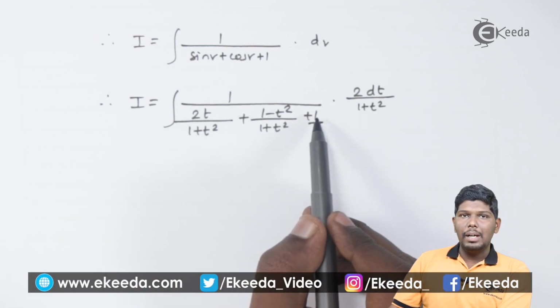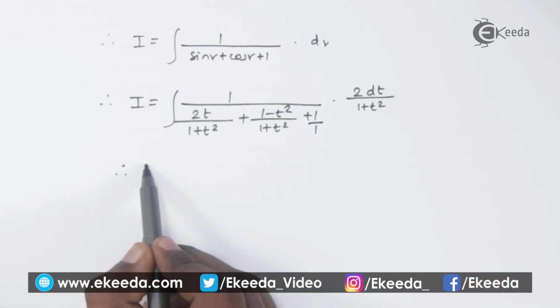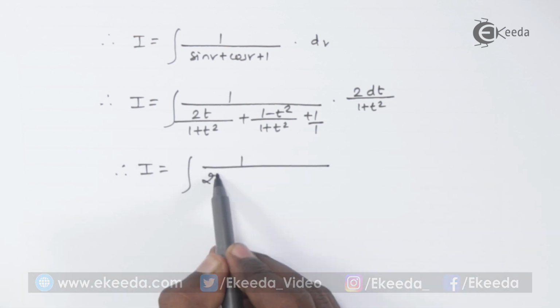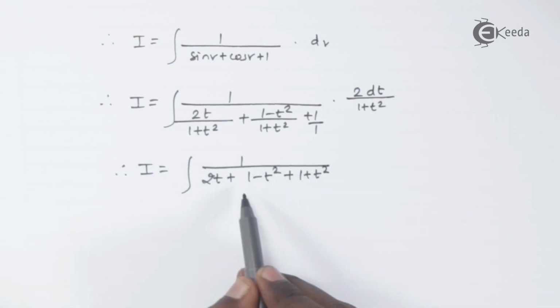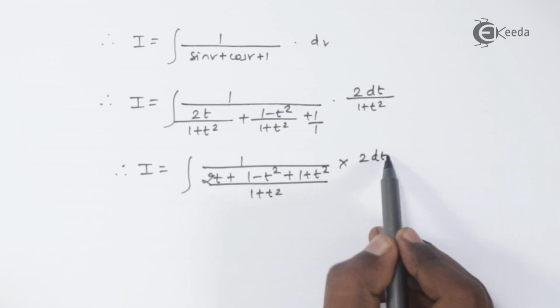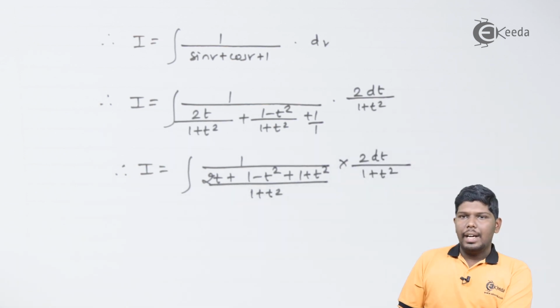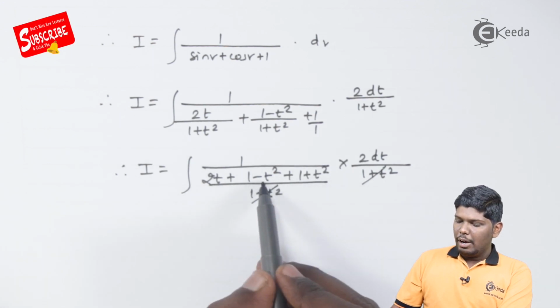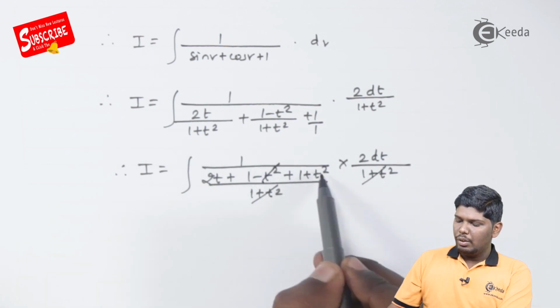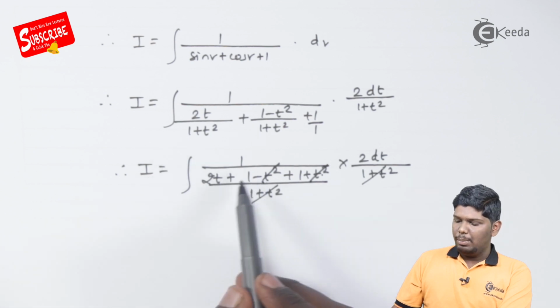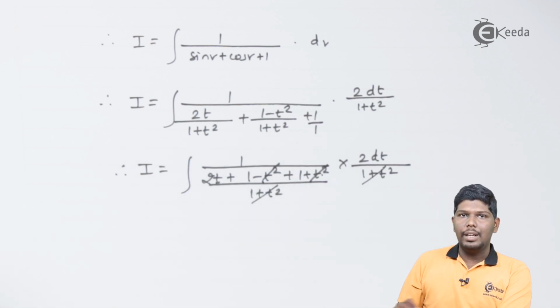For that, 1 will be multiplied with 1 plus t square. After that, you can see 1 plus t square will be cancelled, and in the denominator we have minus t square plus t square, which will be cancelled, and the remaining part will be 2t plus 1 plus 1, that will give you 2t plus 2.